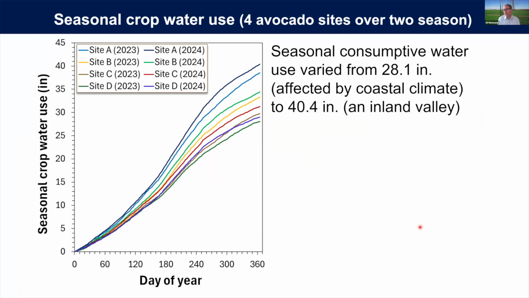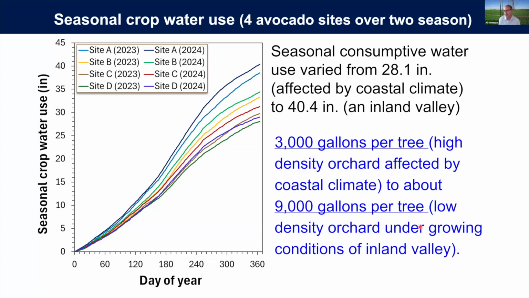So this is another comparison between the seasonal crop water use among these 4 sites. You obviously see a significant difference for seasonal water use. It changes from 28 inches to 40 inches when we go from the coastal climate to inland valley.